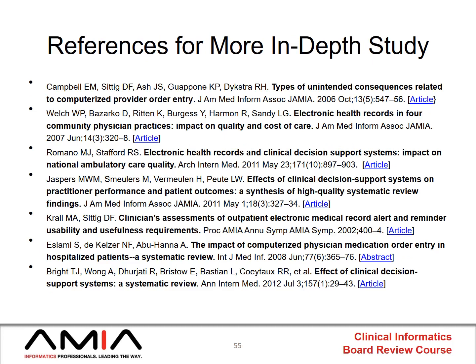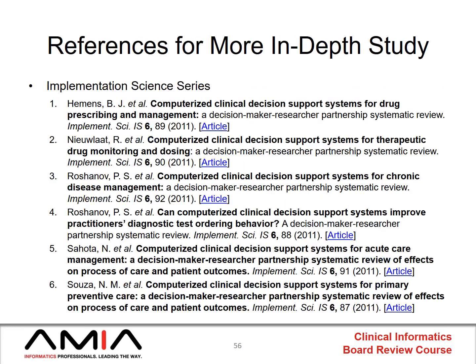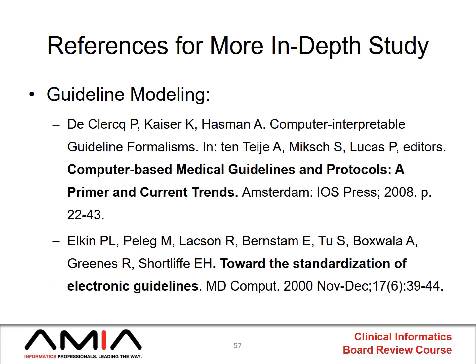A lot of useful references here, including the qualitative paper by Emily Campbell on types of unintended consequences related to CPOE. Here's the link to those 6 implementation science series alerts, the systematic reviews of the 6 different types of CDS systems. And here's finally some references for guideline modeling if you're interested in that topic.